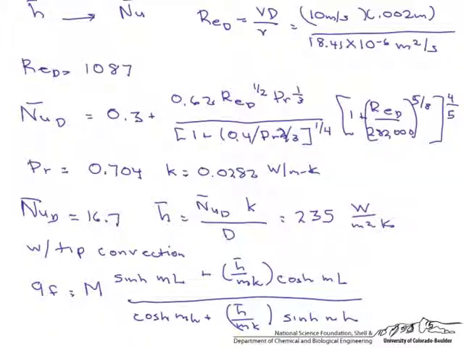So the first thing that we're going to do is calculate that big M. So M equals H bar pi D k. This pi D is the perimeter, and then we have to multiply it by the cross-sectional area, pi D squared over 4, and this is all to the 1/2.